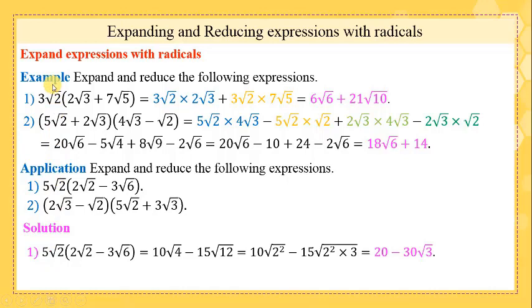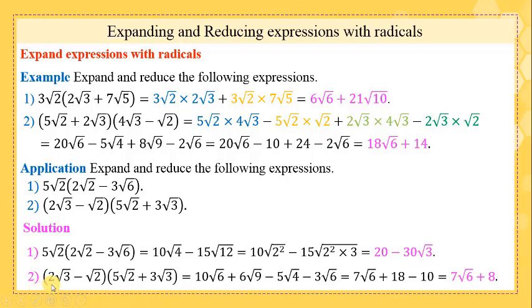So we proceed as in the example above. 5 radical 2 times 2 radical 2, the answer is 10 radical 4. 5 radical 2 times minus 3 radical 6 is minus 15 radical 12. This is equal to 10 radical 2 square minus 15 radical 2 square times 3. The answer is 20 minus 30 radical 3.